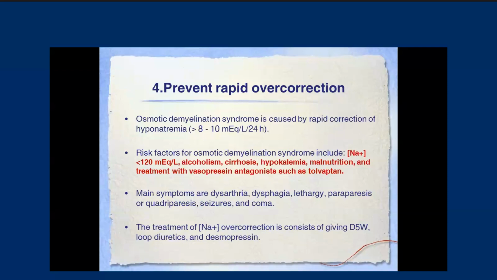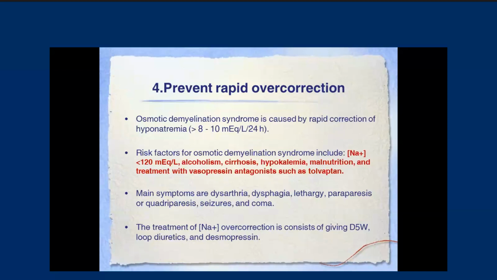So the treatment is correction of the sodium, which consists of giving D5W or loop diuretics, or at times, as I mentioned earlier, we may. In those patients where there is a fear of overcorrection of sodium, we may administer desmopressin, the so-called desmopressin clamp regimen.